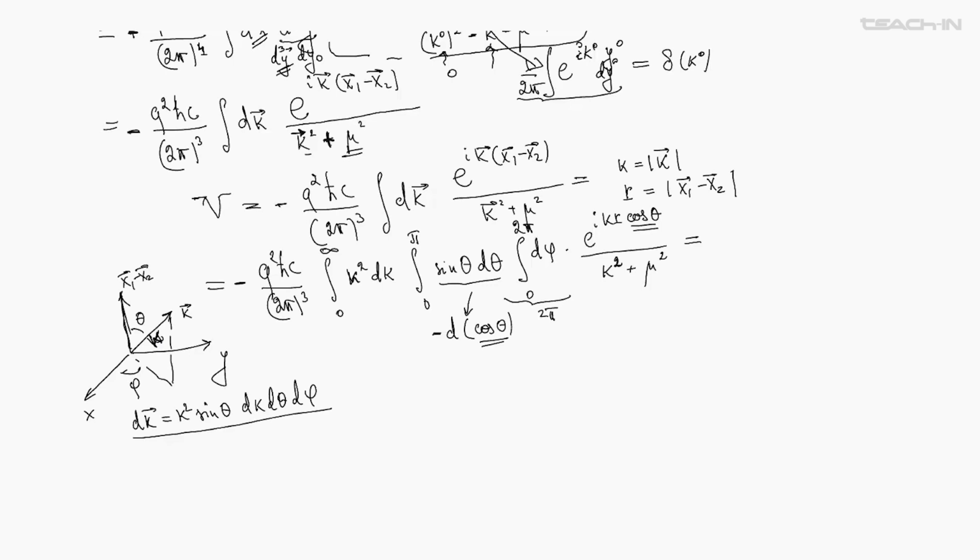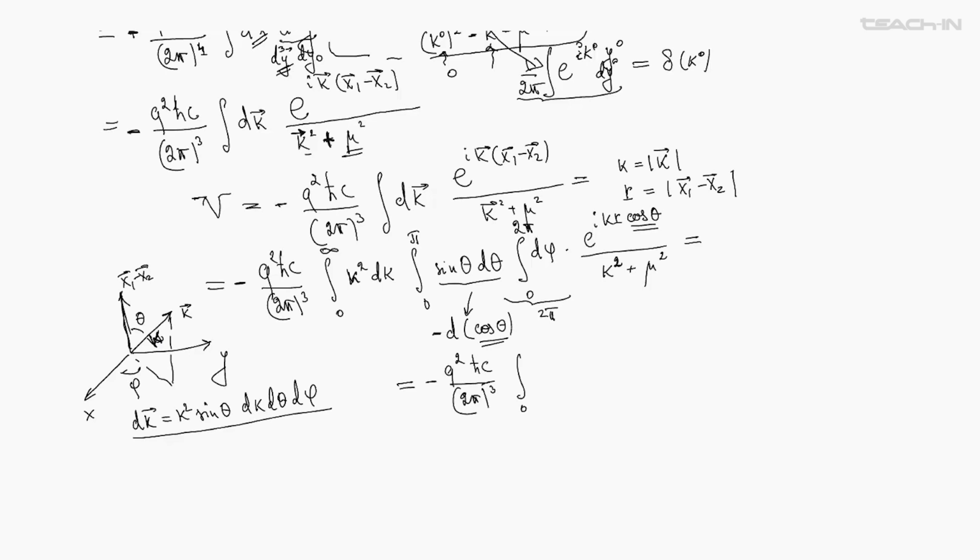And then what you will be left over upon making this integral is minus q squared h bar c divided by 2 pi cubed, integral from 0 to infinity k squared dk. This integral we have not yet taken.